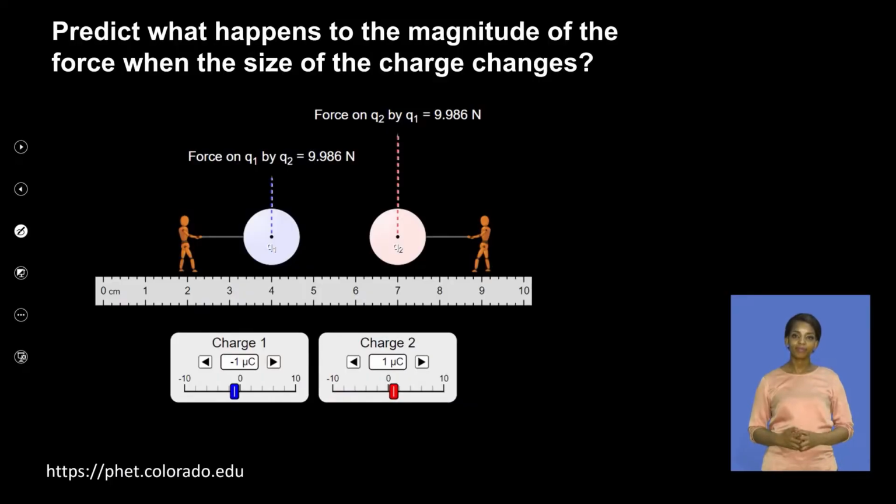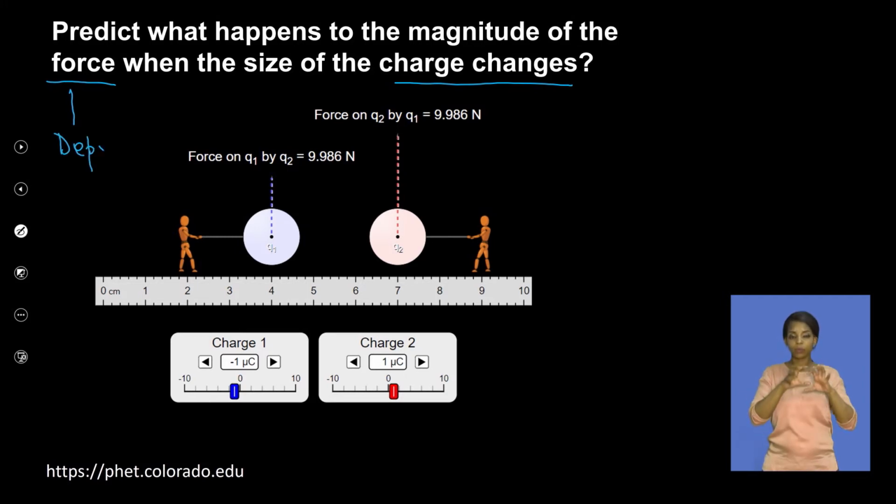Now, as part of our investigation, we want to predict what happens to the magnitude of the force, I'm going to underline force, when the size of the charge changes. So what exactly are we saying here? We need to identify our variables. The effect of changing the magnitude of the charge on the force immediately says to us that the electrostatic force is the dependent variable.